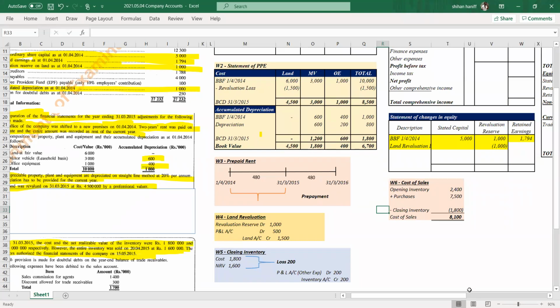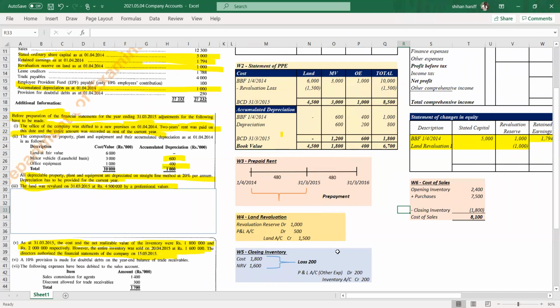Right. Next. So why do we take cost? Cost of sales, always we take the cost. So here always we take the cost. Right. So if NRV is less, the difference we have to take to the other expenses.